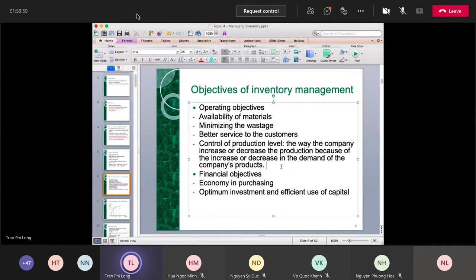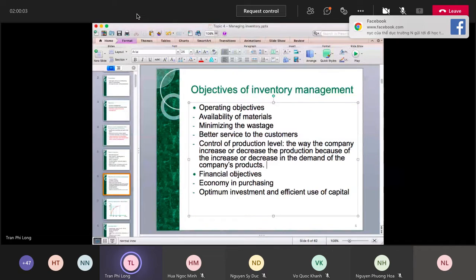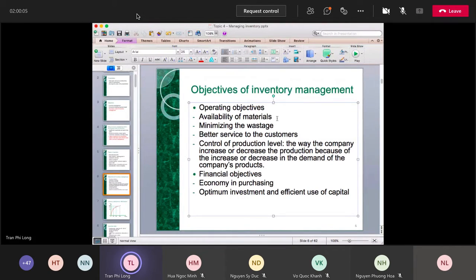For the financial objective, we have to manage the inventory in order to enjoy the discount when purchasing materials.